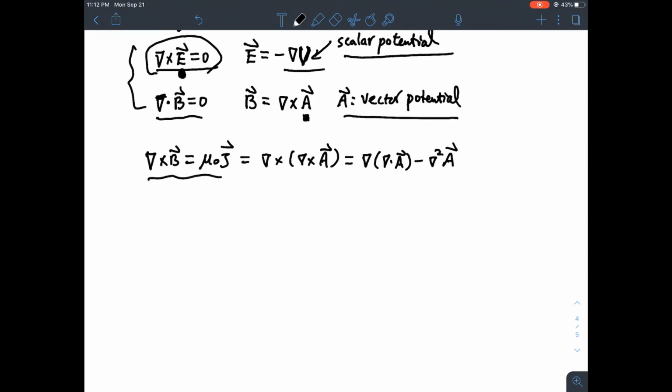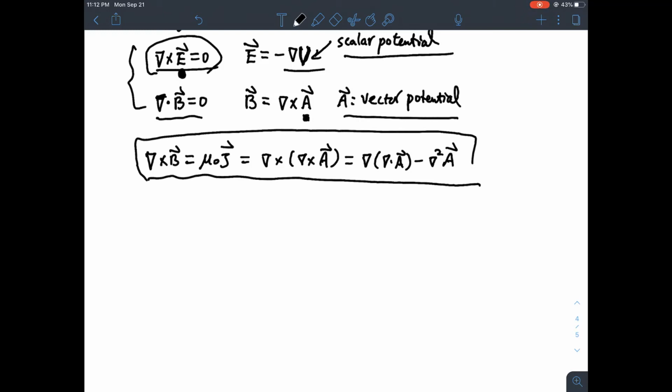In other words, Ampere's law now becomes this. So if we have some volume current density J, in principle we can solve this equation and figure out A. Of course, this equation is pretty complicated, so it's often difficult to figure out the vector potential given a current density J.